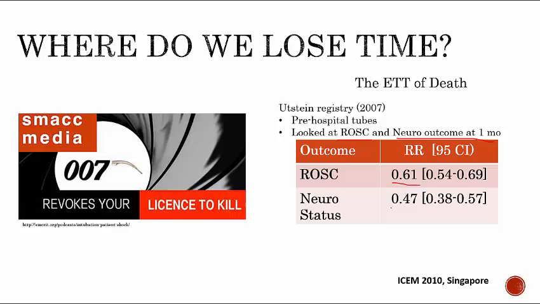This doesn't correlate to exactly half, but your chance of having a good neural outcome at 1 month was significantly decreased if they took the time to put in an ET tube. And this is probably from pauses to get the tube through the cords. We can't say that definitively. This is a little bit of correlation, not causation, but that's a pretty impressive decrease by getting that tube of death in.